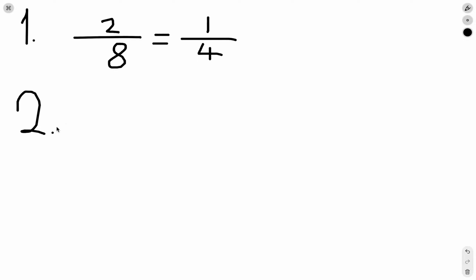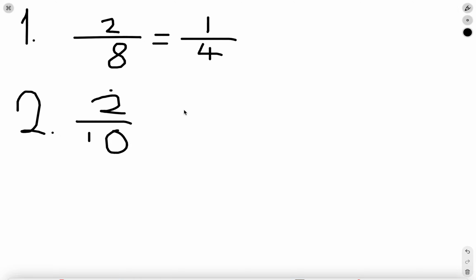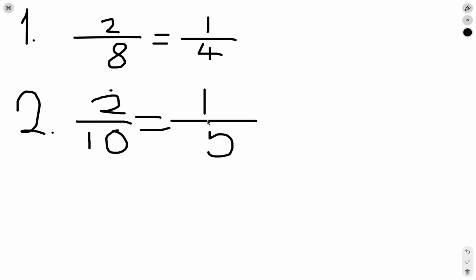The second one is 2 over 10. And you would have to divide both. 2 goes into 2, obviously, and 10 goes into 2 as well, so you divide both of them by 2. 2 divided by 2 is 1. 10 divided by 2 is 5.